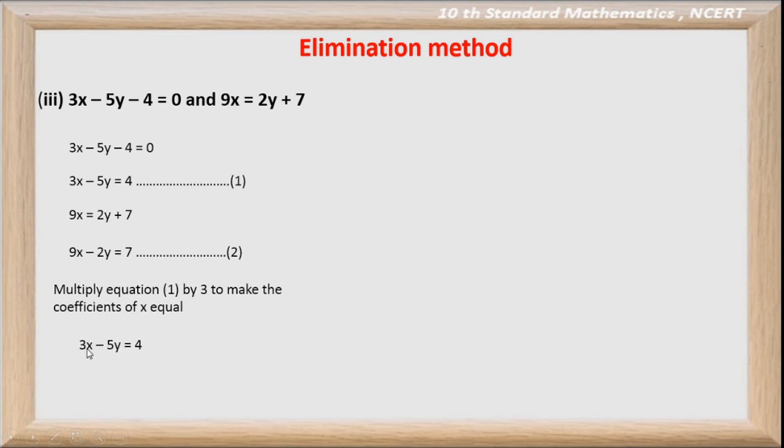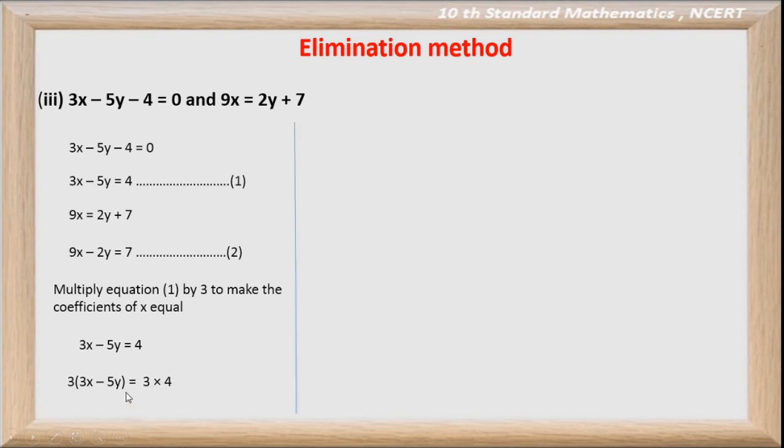Now 3x minus 5y equal to 4. This is the first equation. We should multiply the equation with which number? 3. We should multiply the equation with 3, in both LHS and RHS. So 3 into 3x minus 5y equal 3 into 4.